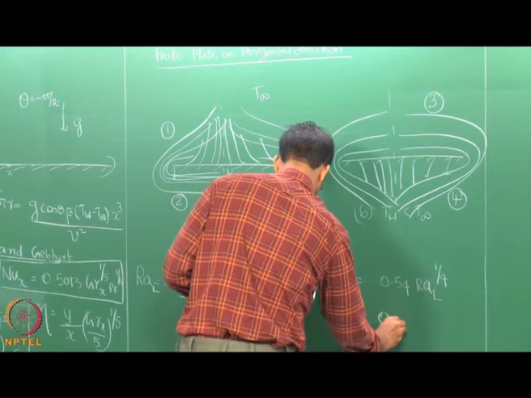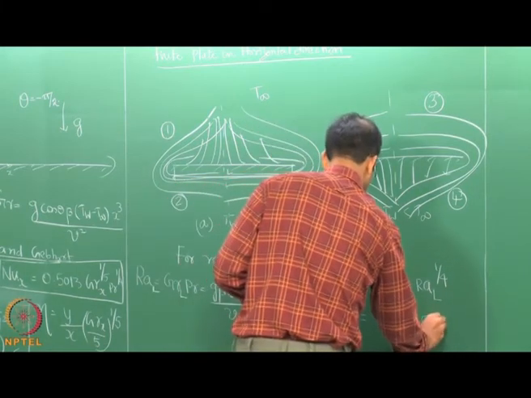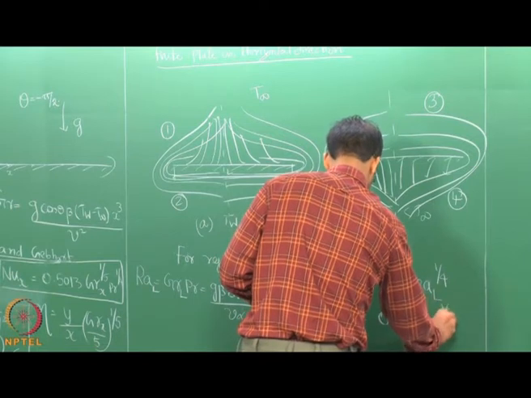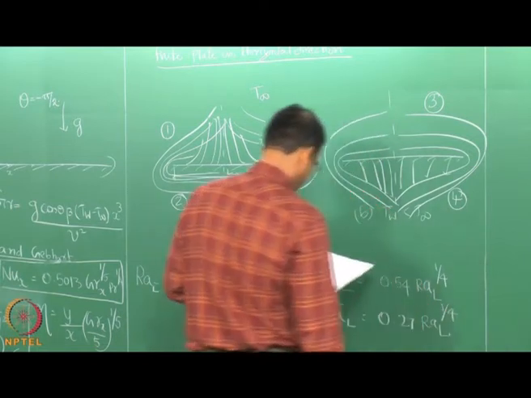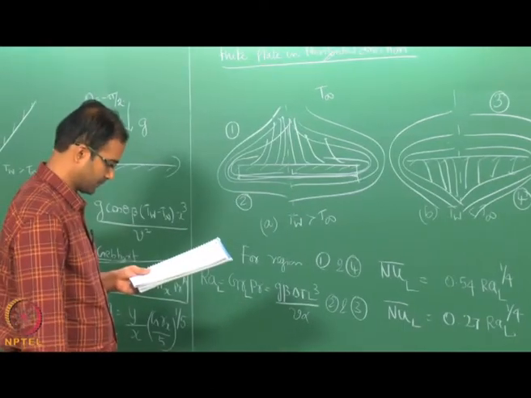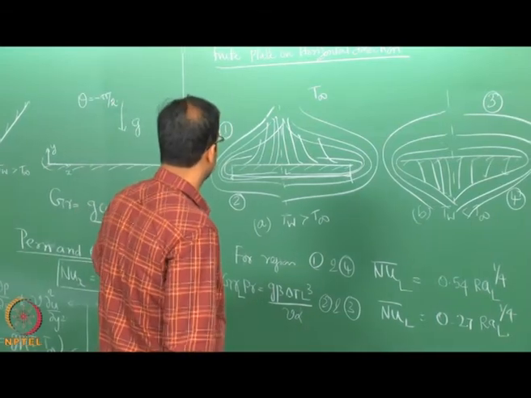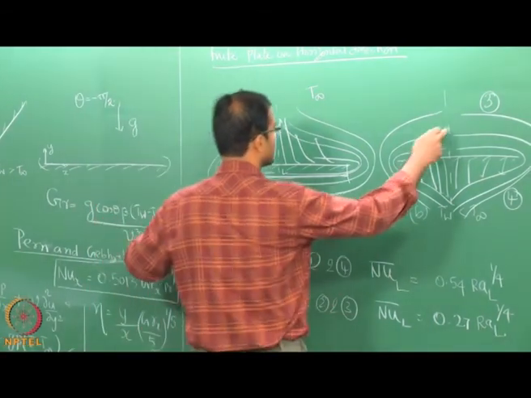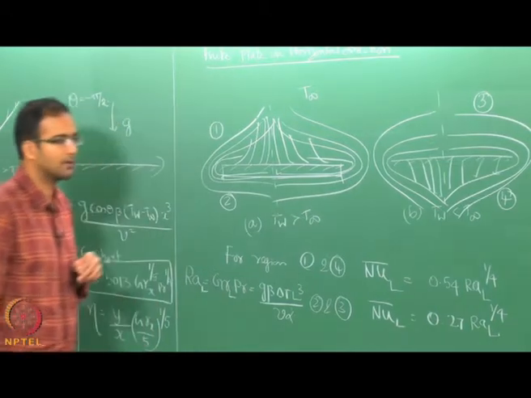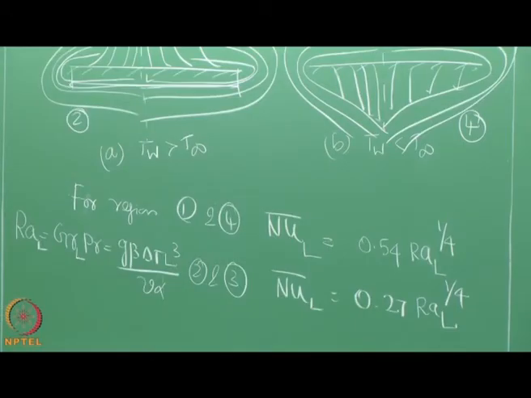This is given by 0.27 times Rayleigh number raised to the power 1 by 4. Okay. So, regions 2 and 3 seem to have a smaller value of heat transfer rate compared to regions 1 and 4.